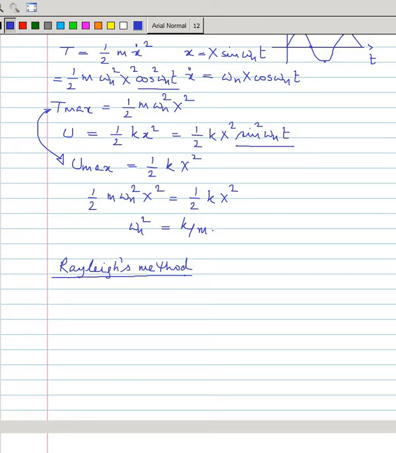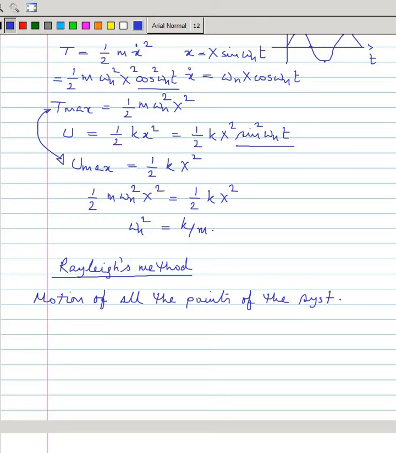So the motion of all the points of the actually distributed mass system can be expressed in terms of the motion of a single point.